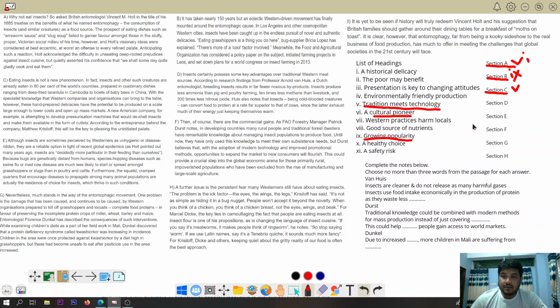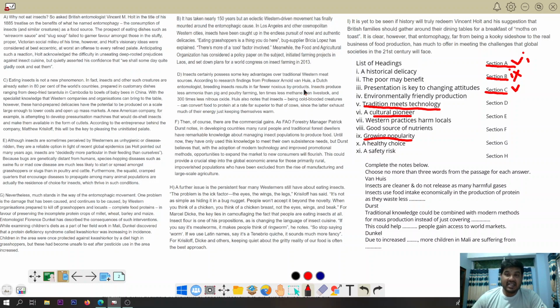Now let's go to section D. Insects certainly possess some key advantages over traditional Western meat sources. According to the research findings from Professor Arnold van Huys, a Dutch entomologist, I'm really sorry if I mispronounce the name, breeding insects results in far fewer noxious byproducts.